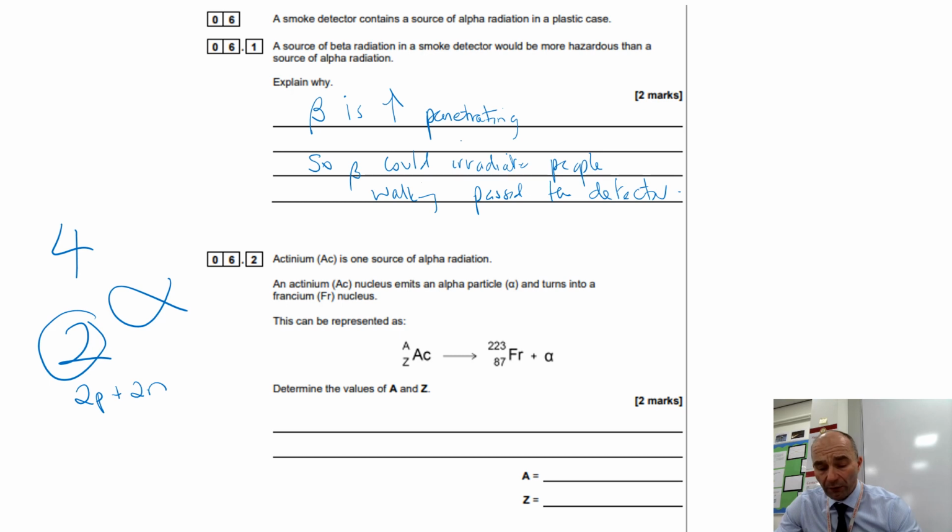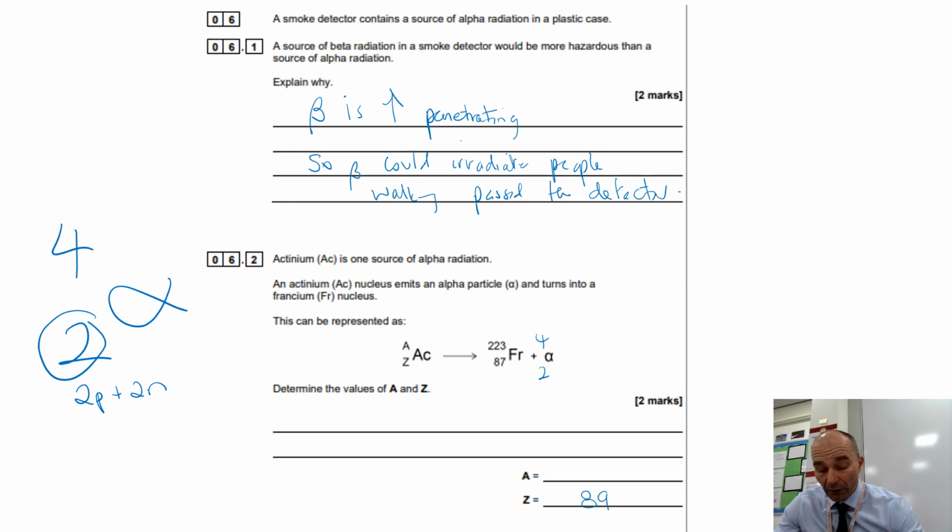The first thing I would do in this question is to fill in your 4 and 2 on your alpha particle. You're not going to get any marks for that. You then just need to work backwards. Our actinium nucleus has lost 2 protons and forms a francium nucleus of 87. 87 plus 2 will give you 89.